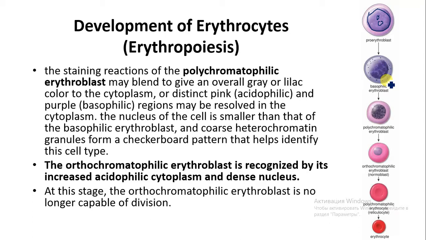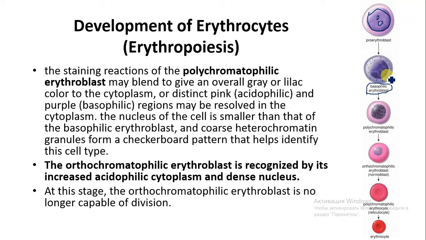Both of them are blue in color, and both of them will color the cytoplasm of this basophilic erythroblast blue. That's why it's called a basophilic erythroblast. So now keep in mind that the basophilic erythroblast is basophilic due to the presence of ribosomes in its cytoplasm.